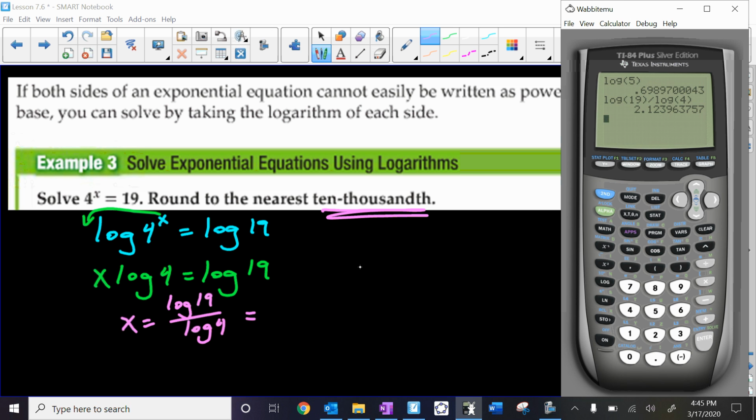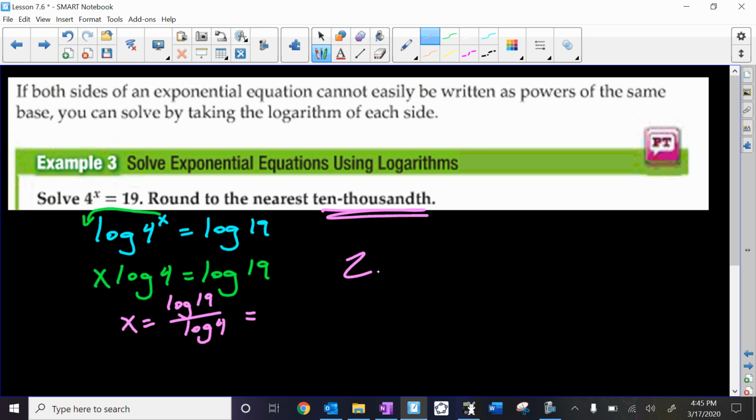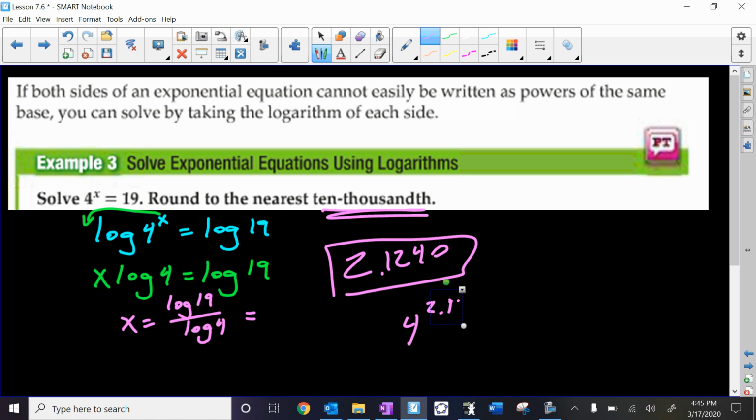I got to round that up. So 2.1240. You can actually take that, plug it back into your original equation, and you should see it's pretty close to 19. Might not be exact, but it's pretty close. So that comes out as your value.